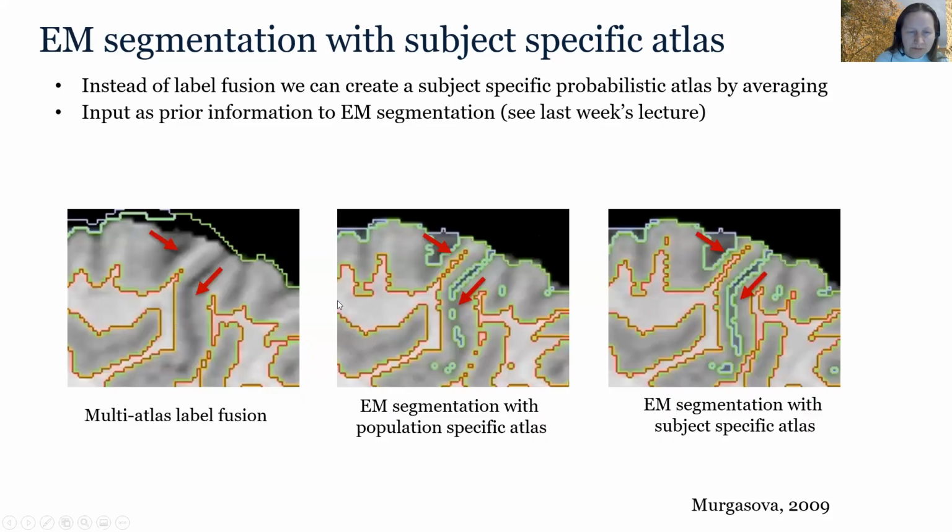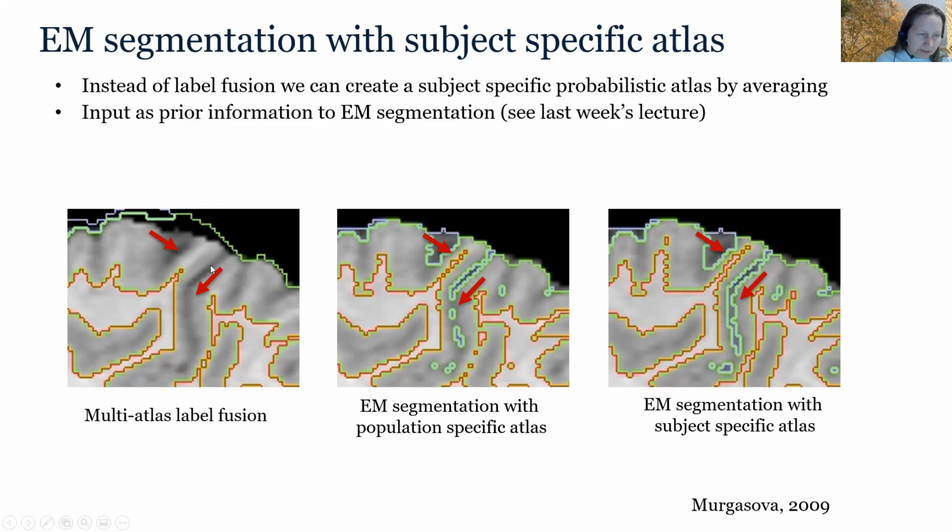And if we zoom in, we compare the label fusion and two types of EM segmentation, one with a population-specific atlas and the other one with a subject-specific atlas. By population-specific atlas, I mean that we create the atlas from the whole population at the beginning, and then this atlas is registered to the subject rather than doing the registrations directly to the space of the new subject.